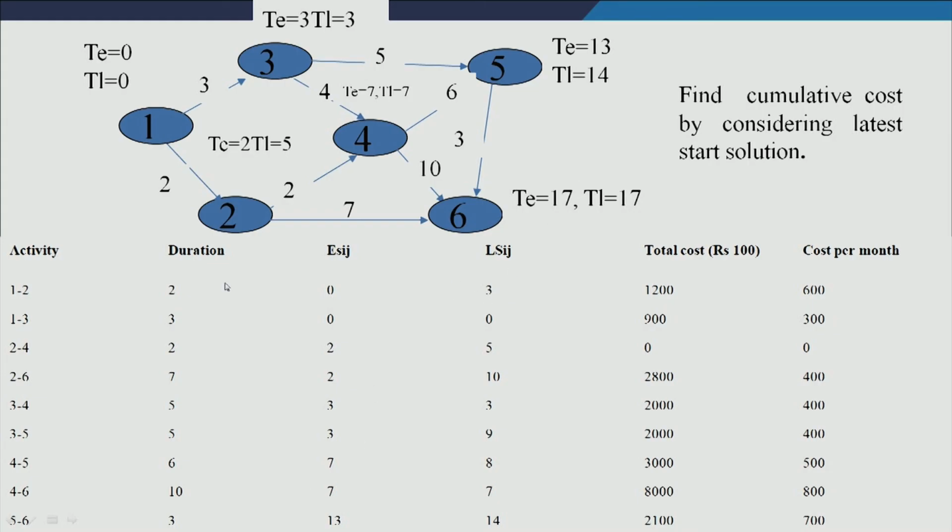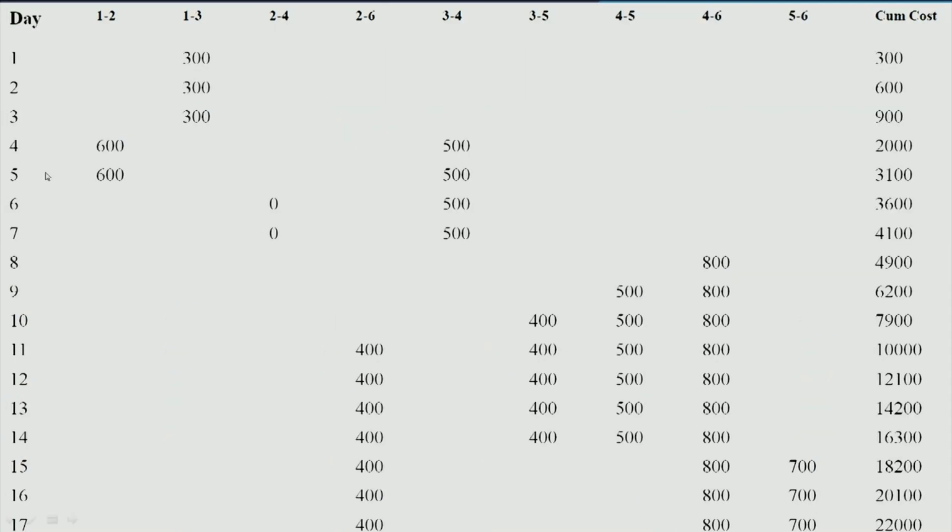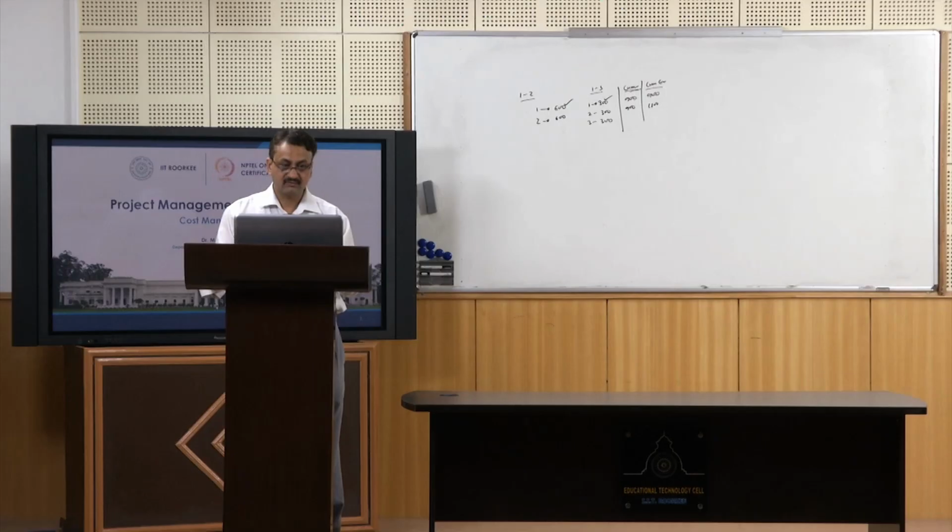For activity 1-2, I know its duration is 2 and its latest start time is 3. So, you just start from here, the 5th day and 4th day, because you have to complete it by the 5th day. Why go for earliest start time, on the first and second day?